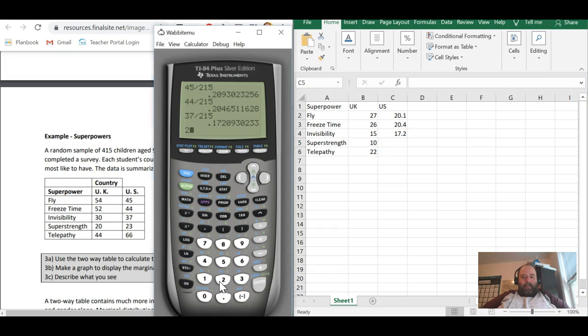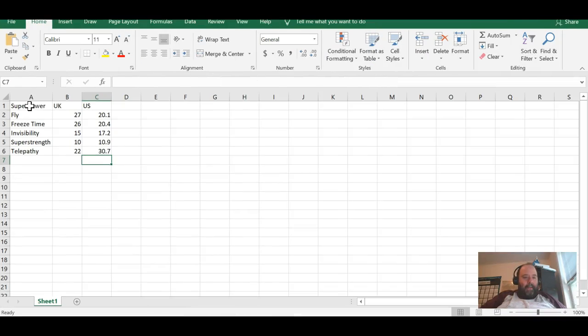Okay, 23 divided by 215 is 10.9%, and 66, that's a big number, divided by 215 jumps up to like 30.7%, right? 30.7. Okay, so I'm going to have Excel help me out a little bit here. So this gives me the table that I need.